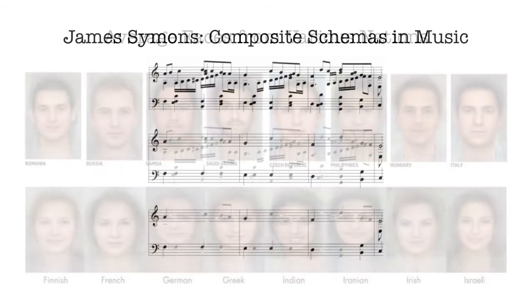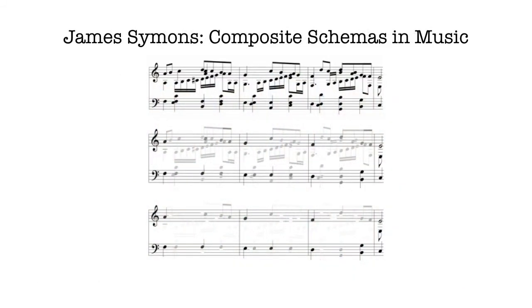Could this be true for music? The researcher James Symons, in his dissertation, studied schemas in music and studied the idea of composite schemas. If we look at the top system, what we see here are several examples of the Prinner schema from actual pieces of Neapolitan music, Neapolitan solfeggi.